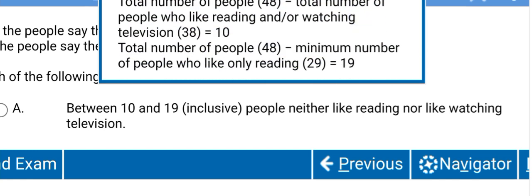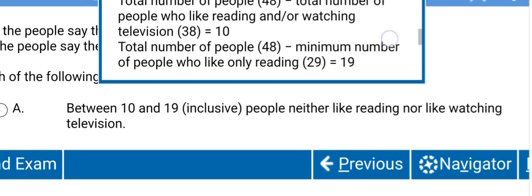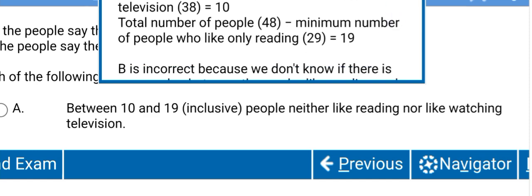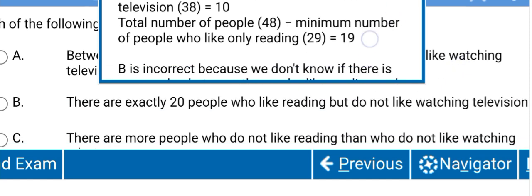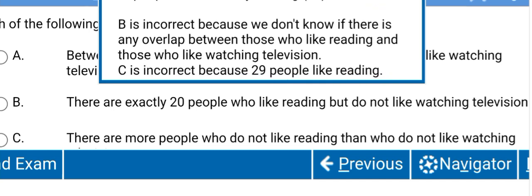The total number of people, that is 48, minus the total number of people who like reading or watching television, that is 38, equals 10. So the total number of people, that is 48, minus the minimum number of people who like only reading, that is 29, equals 19.